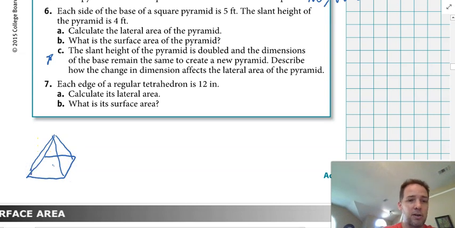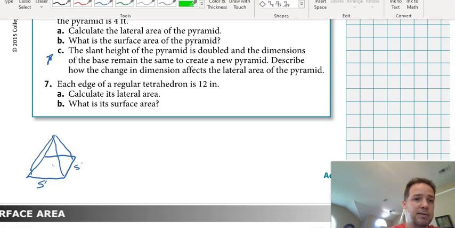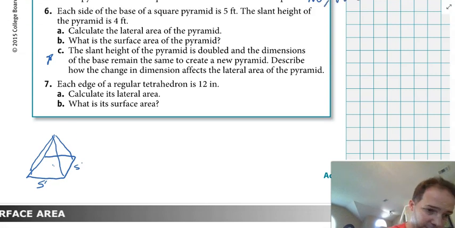All right, so here it says each side of the base of the square pyramid is 5 feet, so each one of these is 5 feet. The slant height of the pyramid is 4 feet, so let's make the slant height 4 feet. The slant height is not the same thing as the edge height.